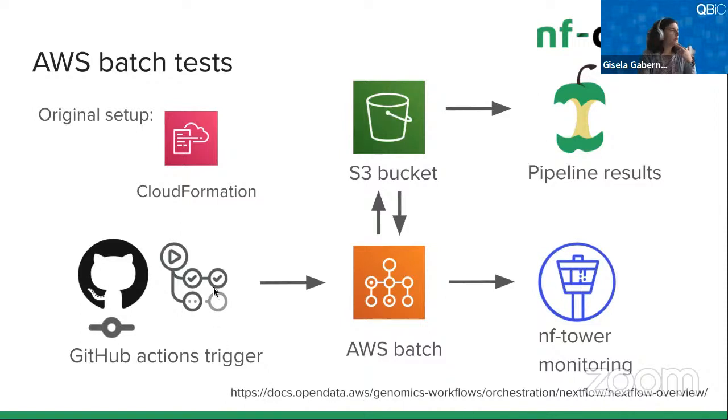You can see the link below. And we just needed to do some adaptations, and those CloudFormation templates basically created all of the AWS infrastructure necessary for running: the batch queues, the compute environments, all of the roles, basically everything that is necessary on AWS Batch to run those tests.